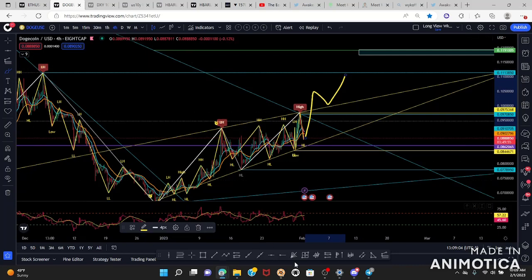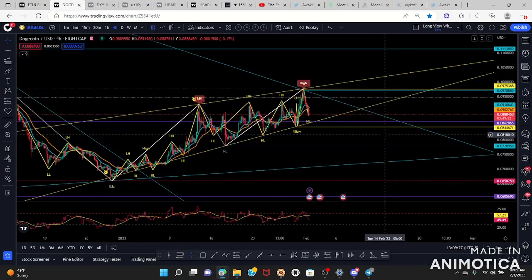So your entry for your long would be in the higher lows. So once this 4-hour trend line breaks, you want to wait for the retest and then wait for that higher low to enter, and then long, and then your target would be 1191. So that's important to consider both scenarios every time you're doing your TA.